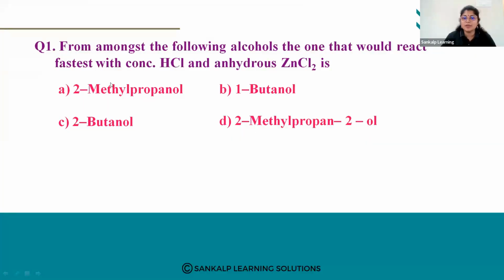From amongst the following alcohols, the one that would react fastest with concentrated HCl and anhydrous ZnCl2 is: A. 2-methylpropanol, B. 1-butanol, C. 2-butanol, D. 2-methylpropan-2-ol. Which will react fastest with concentrated HCl and anhydrous ZnCl2?